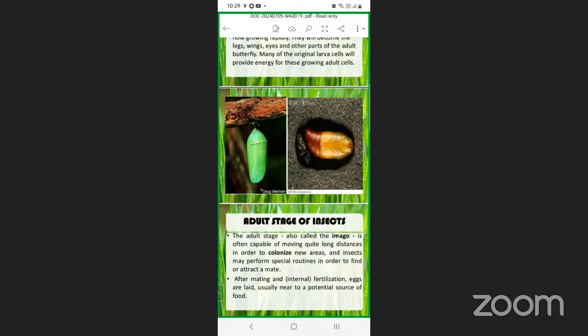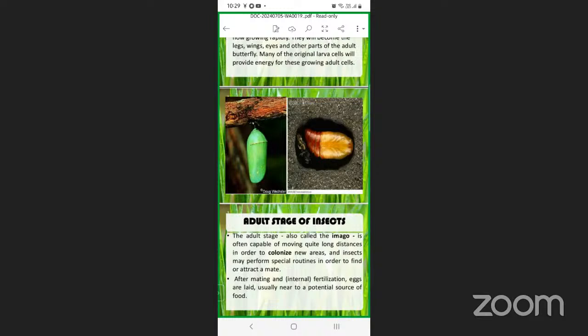These mandibular glands stimulate the behaviors in the workers; the queen bee secretes from the mandibular glands, and the workers are stimulated by this gland. Like this we see the mandibular glands playing an important role in the honeybees.